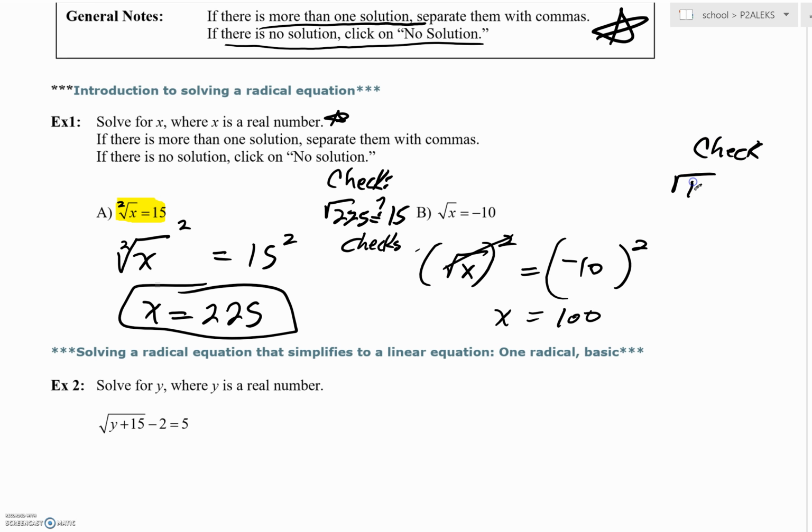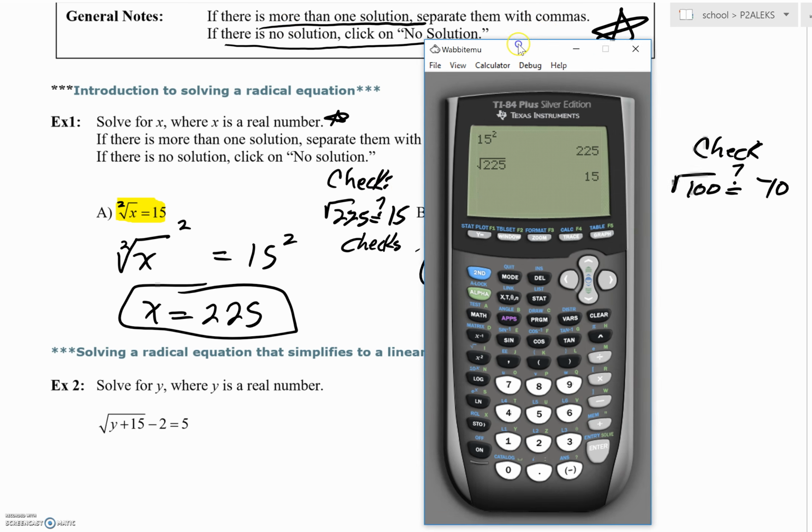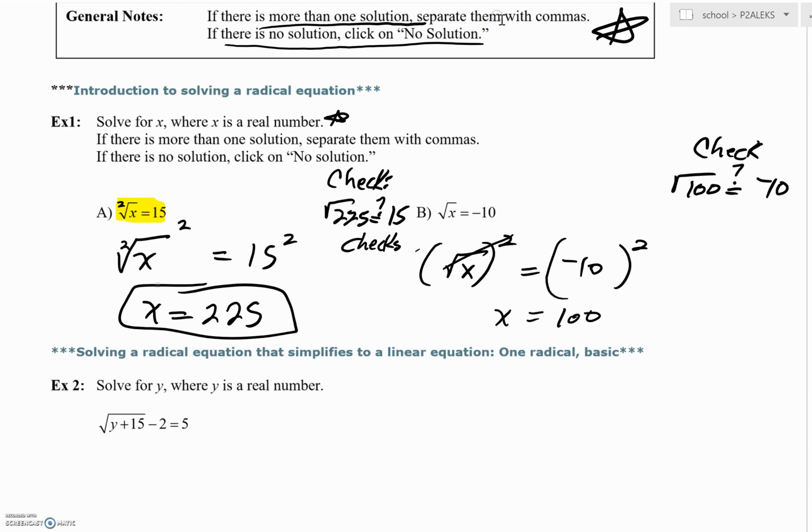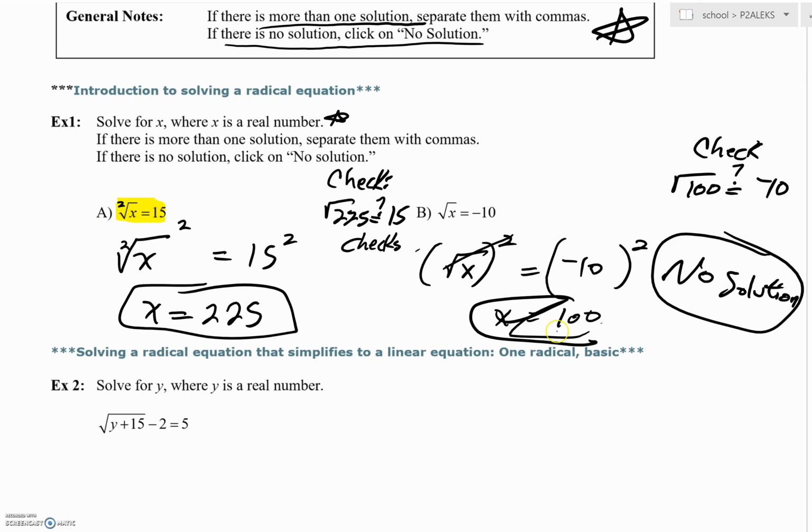Would the square root of 100 equal negative 10? And the answer very clearly is no. Because look, as we do that right here, you can see it's actually positive 10. But what we just saw a moment ago is you can know right from the beginning that there's no solution when your radical equals something negative.